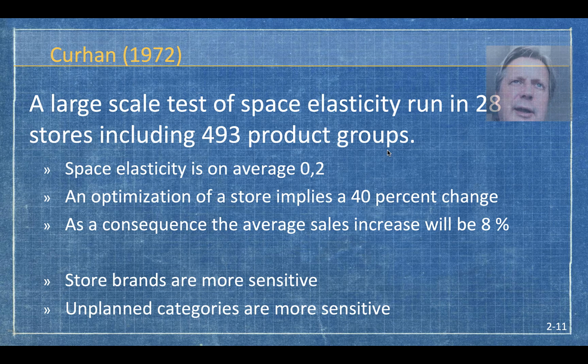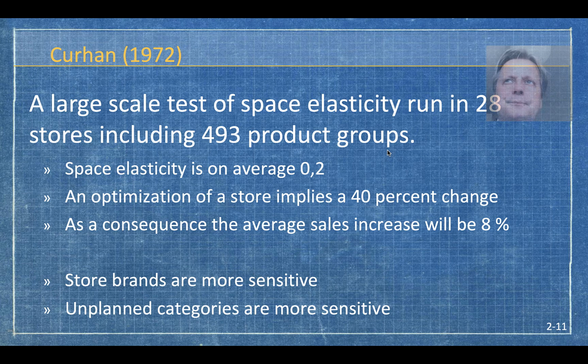And he also said that if you optimize the shelf, if you adapt it to the market shares, meaning that you look at the shelf as it is right now, and then you change it so it fits the market shares for the brands. So for instance, if Coke has 40% of the market, you devote 40% of the shelf to Coke, but now they only had like 20% or so.